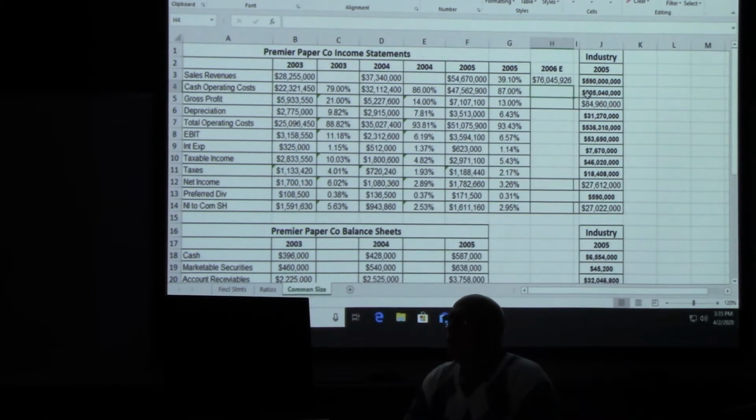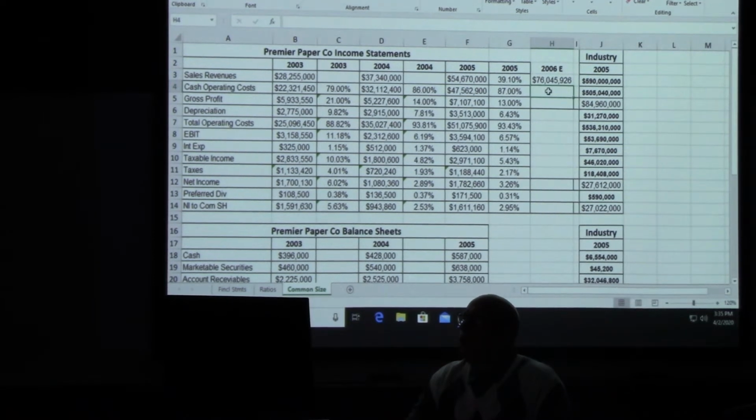Now, different ways we can do this, but it looks to me, let's look at trend analysis. So what percentages are we going to put in here for cash operating costs? It went from 79 to 86 up to 87.